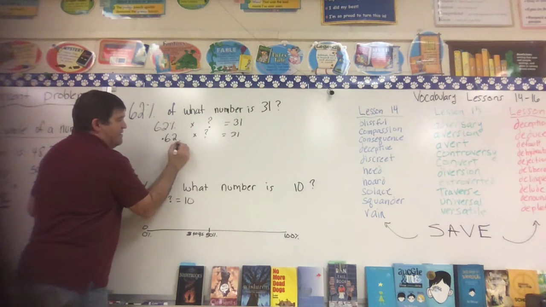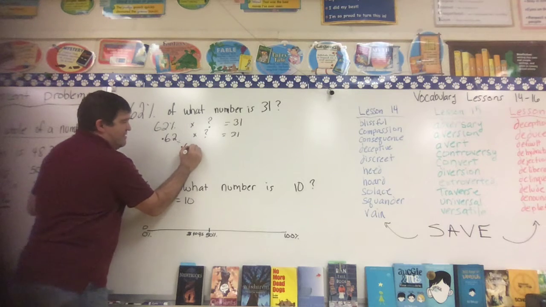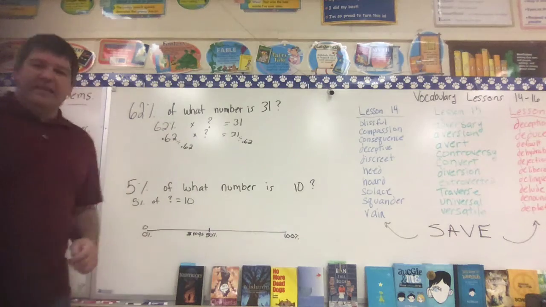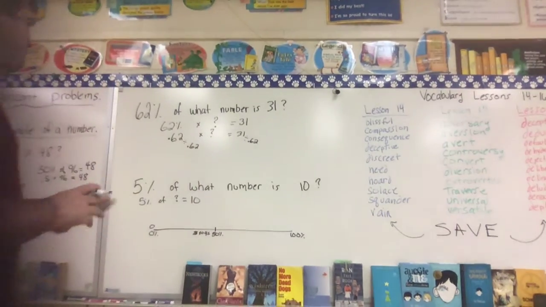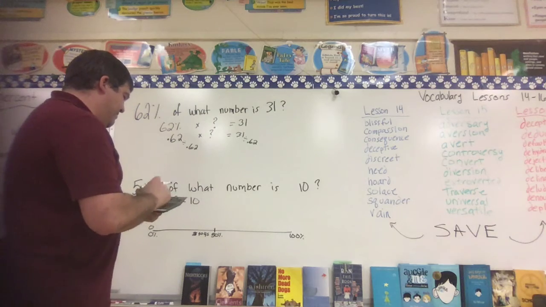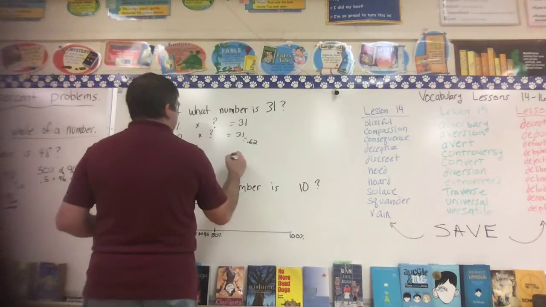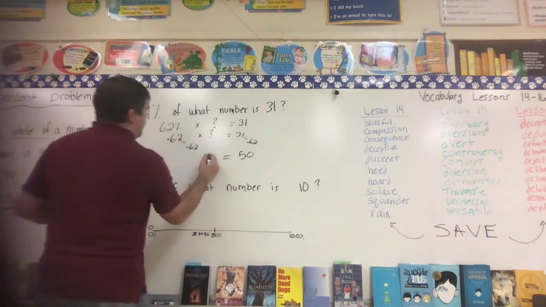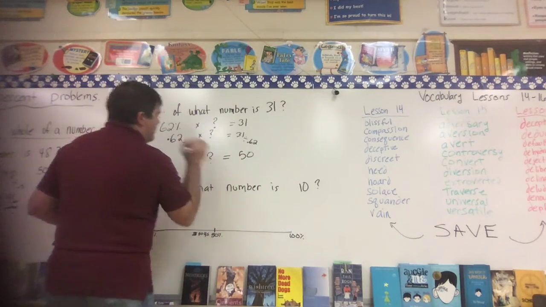I have to divide it. Divide that by 0.62. And let's see what we get. 31 divided by 0.62 equals 50. 50 equals my question mark.